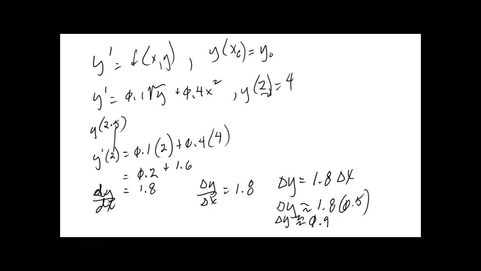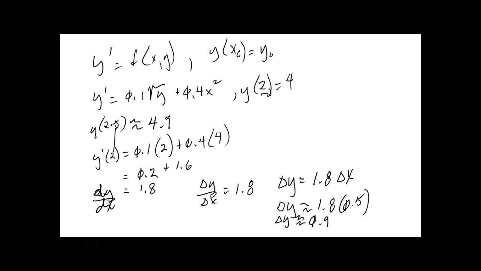This isn't exact, but it gives us a ballpark. And then multiply the 1.8, which we got from here, by the 0.5, and that gives us 0.9. So your y has changed by 0.9. Well, it was 4, so now we estimate that this is approximately 4.9.